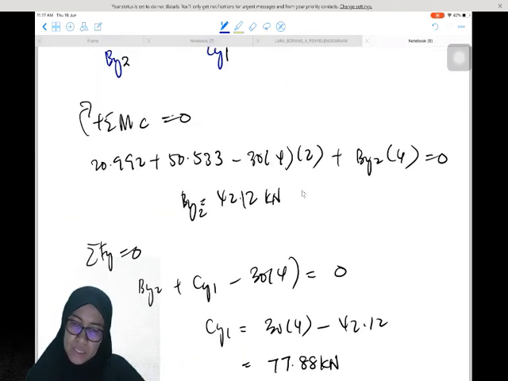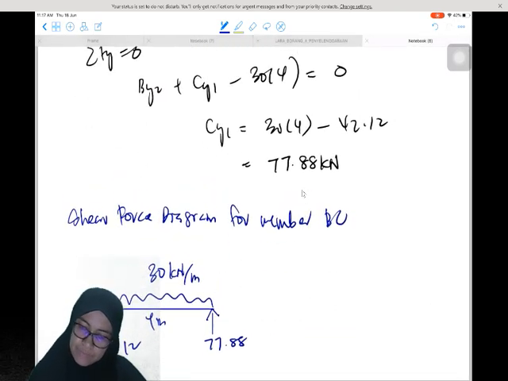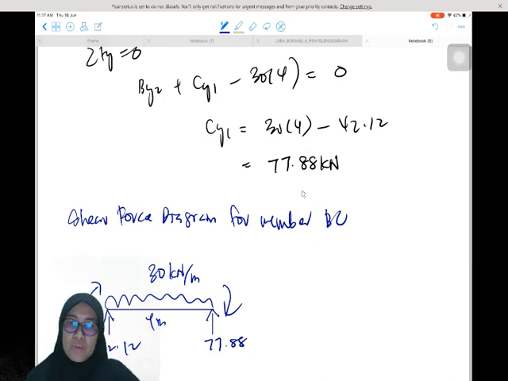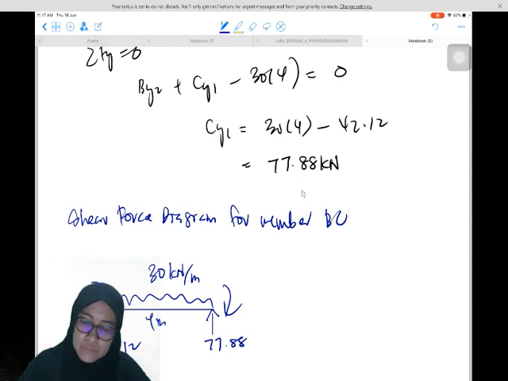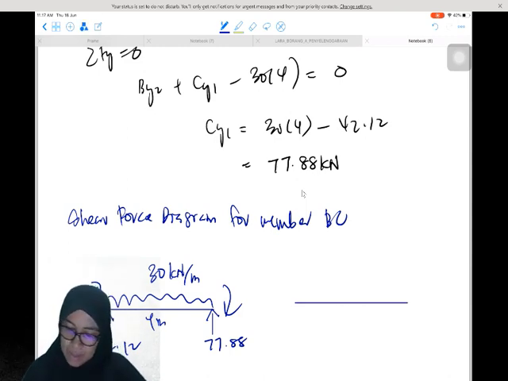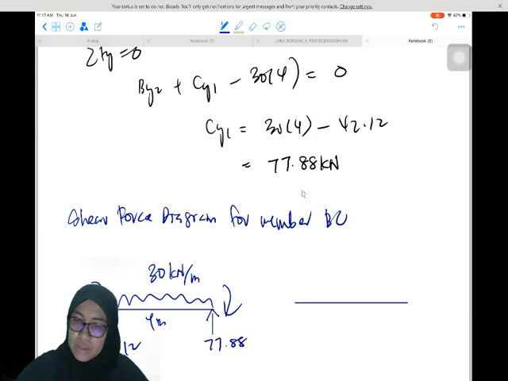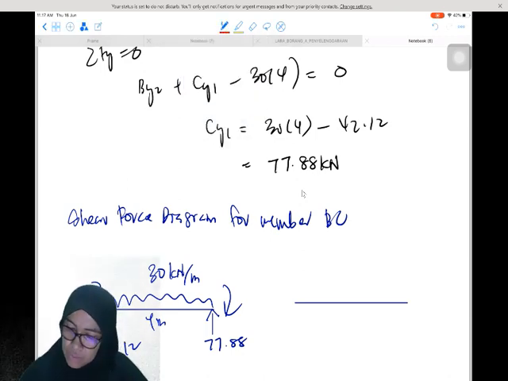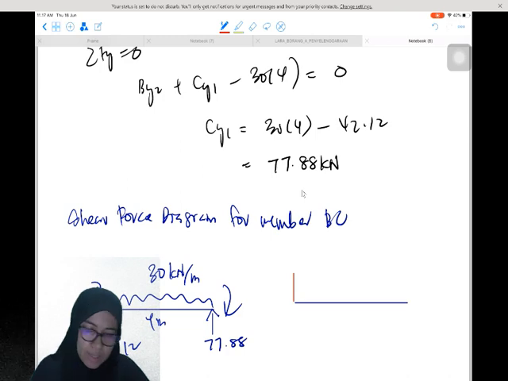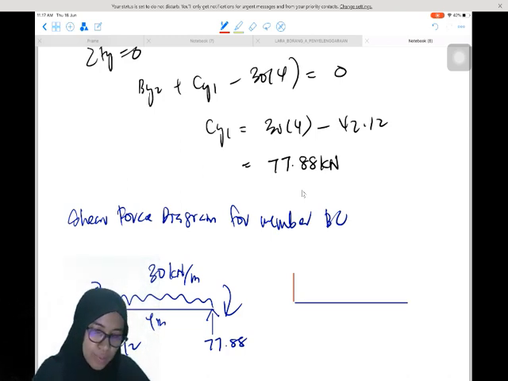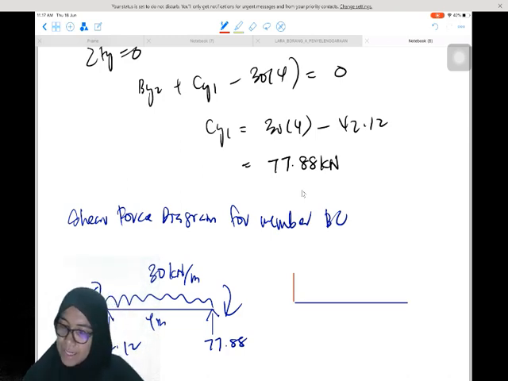The moment is positive, but positive doesn't matter, because we just want to focus on the shear value in order to draw the shear force diagram. Starting from 0, we go up to 42.12, and then minus 120, we get negative 77.88.